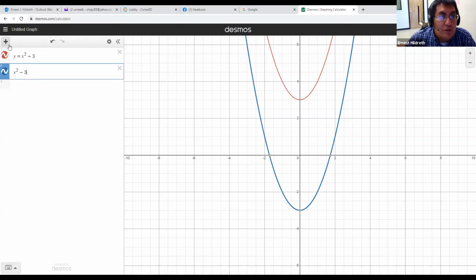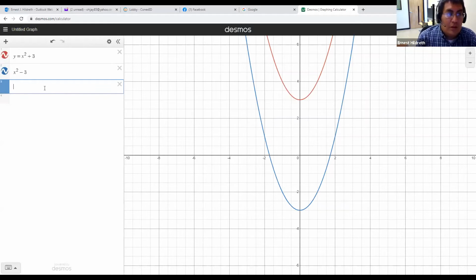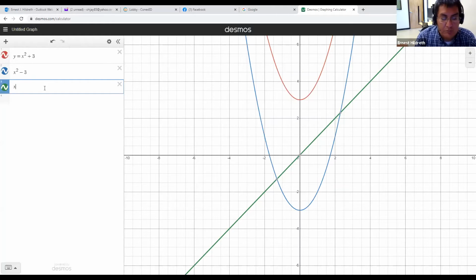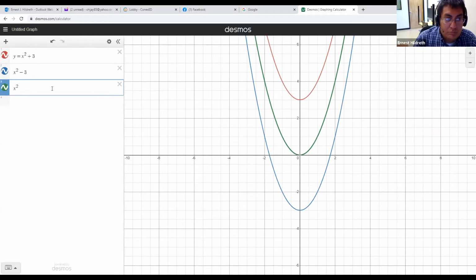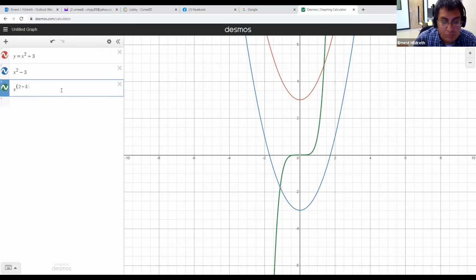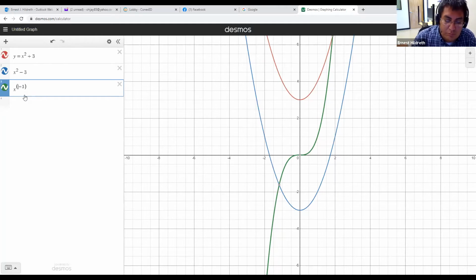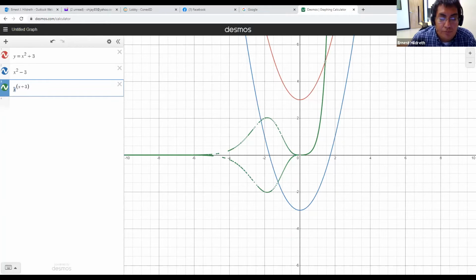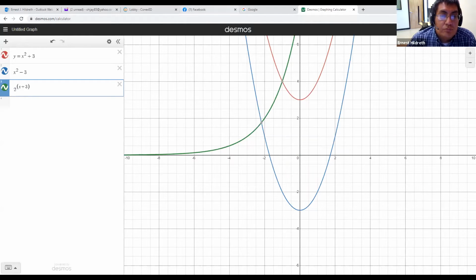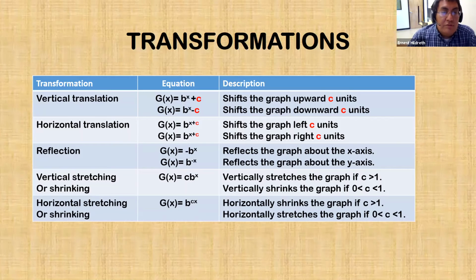So if we were to begin with that, and if we do the exponent, the graphs will change and they will shift.